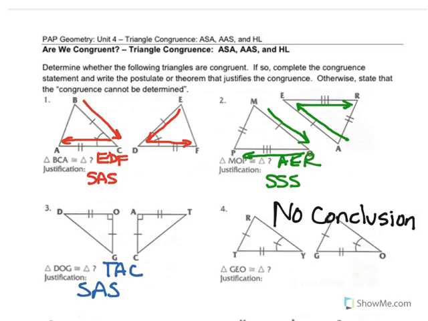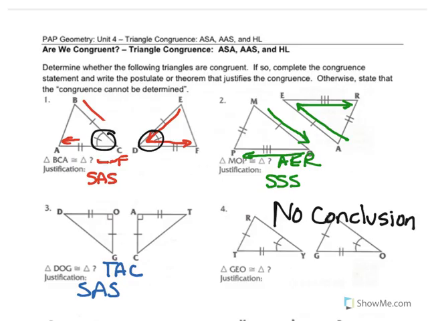Okay, so on the first one, triangle BCA is congruent with EDF. How do we know that? Side, angle, side. And that's an included angle right there, these angles right here. Then number 2, MOP is congruent with triangle AER by side, side, side.